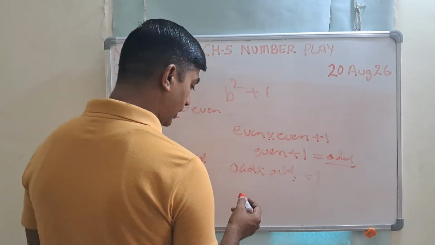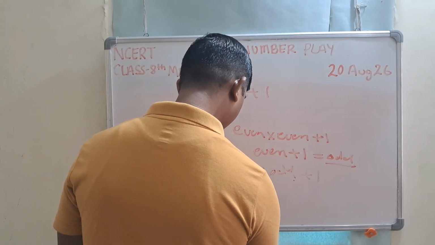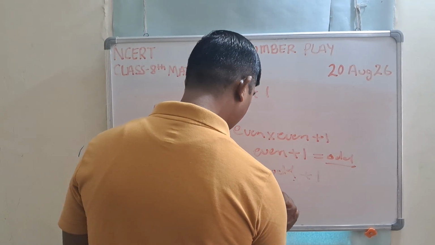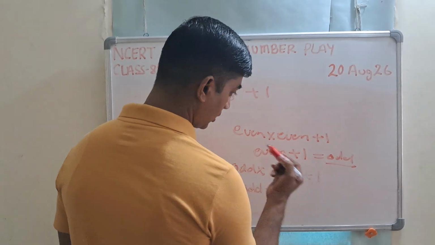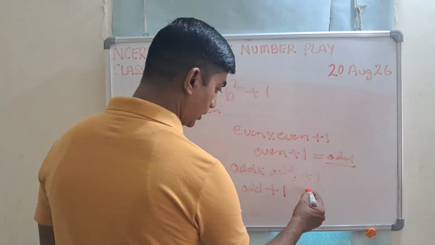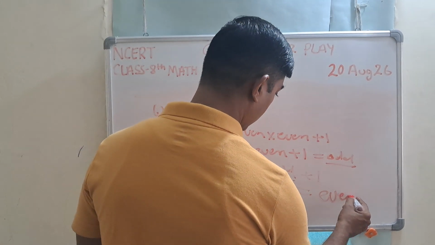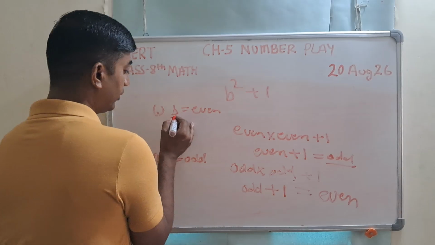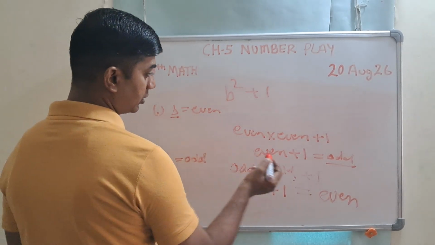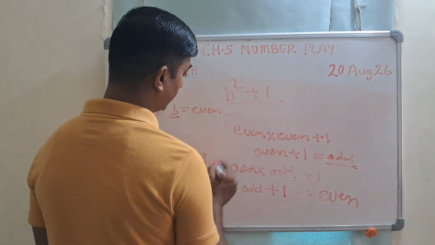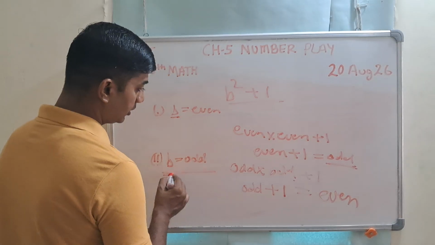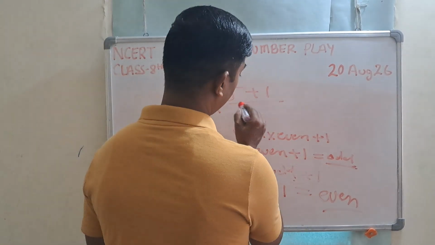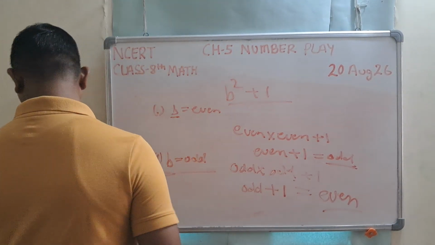Odd into odd, what is the result? Odd. And odd plus 1, that is odd plus odd, the result is even. It means when your b is even, your result will be odd in this expression, and when your b is odd, your result is even in this expression. Understood?